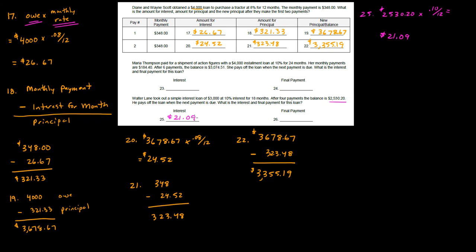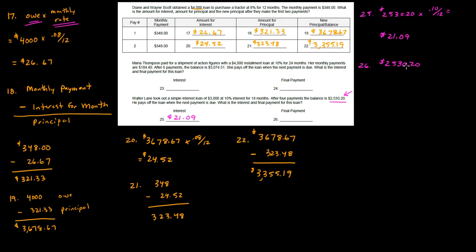So then I can pay off the loan. So for number 26, the amount that I owed at the beginning of that month was $2,530.20. Says it right there. Well, on top of that, I have to make this monthly interest payment.